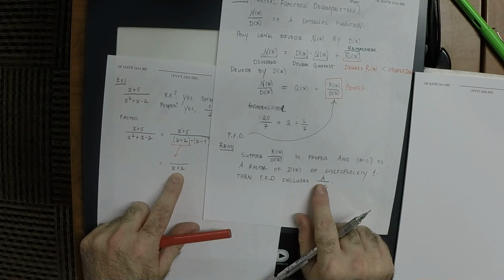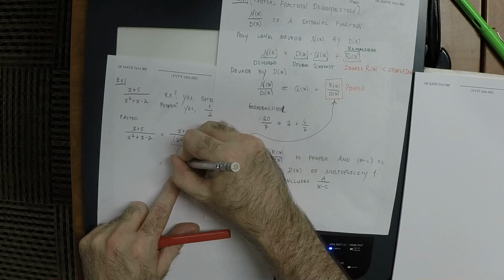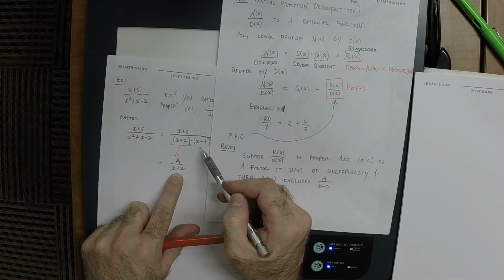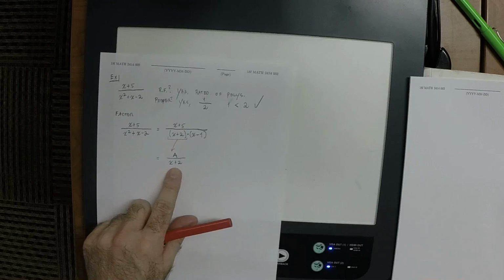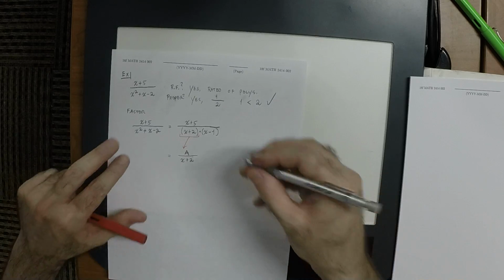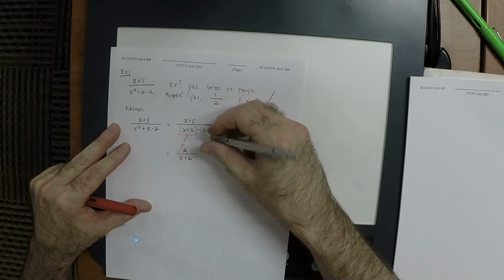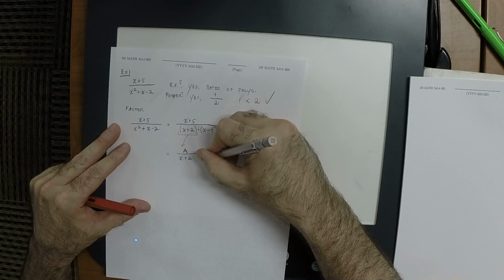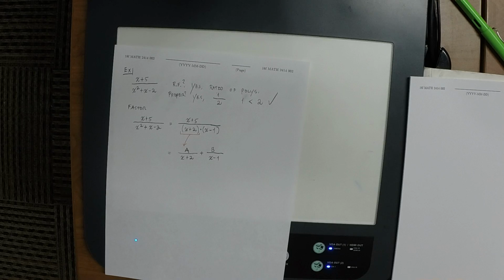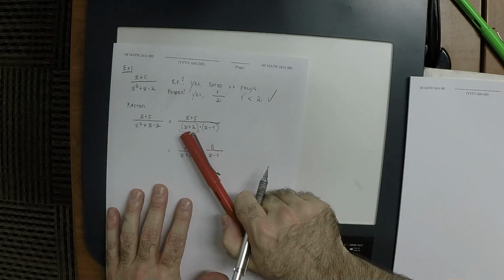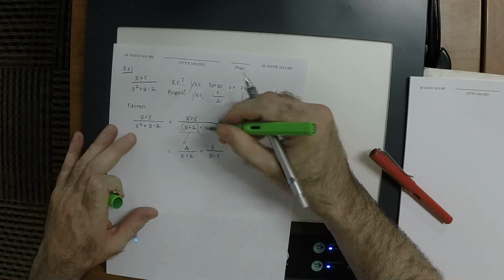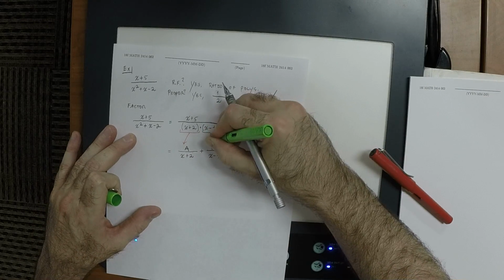So I'll write an a because of that one. Now, what about because of that one? A similar deal, right? We should have another one, say b over x minus 1. Okay, and these are terms, so that means that they're added together. So because of that, something like that should show up, and because of this, something like that should show up.